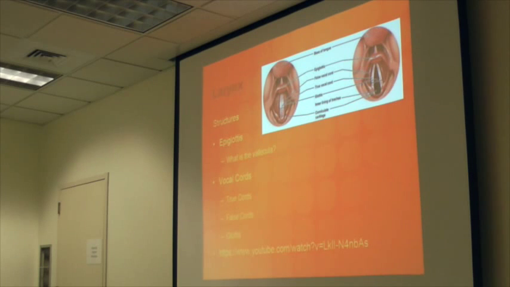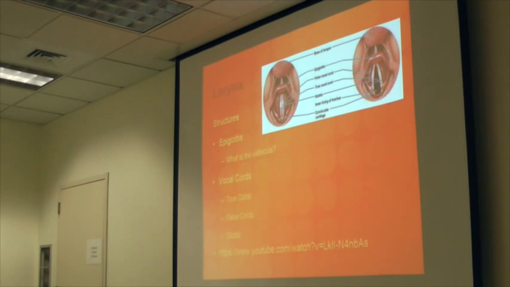Can you spell laryngoscope? Insert the laryngoscope blade here, meaning the vallecula, to lift the tongue out of the way. You got that? All right, you guys are good note takers.